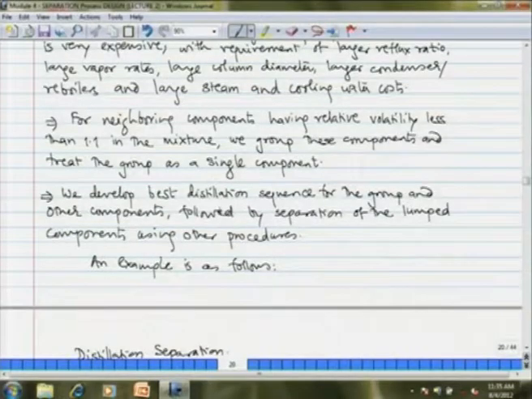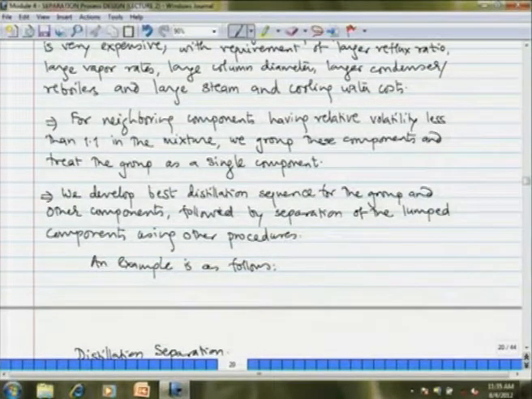A typical rule here is that for neighboring components having relative volatility less than 1.1 in the mixture, group the components and treat the group as a single component. This is a sort of rule, or you can say heuristic. It may not be applicable every time, but this is what designers or engineers usually do.